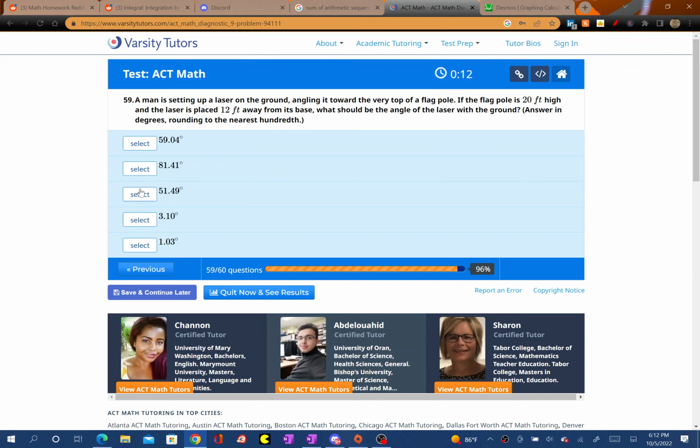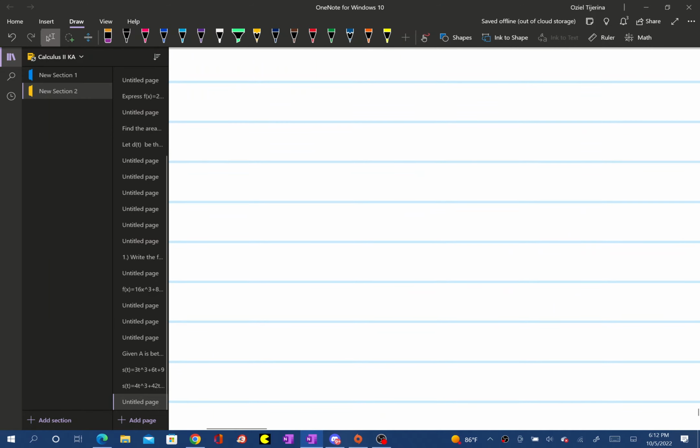So there's a flagpole, and I think it's saying the 12 feet away from its base.